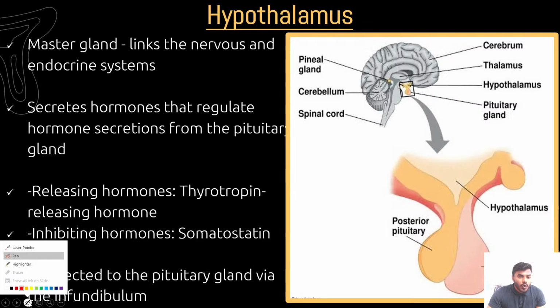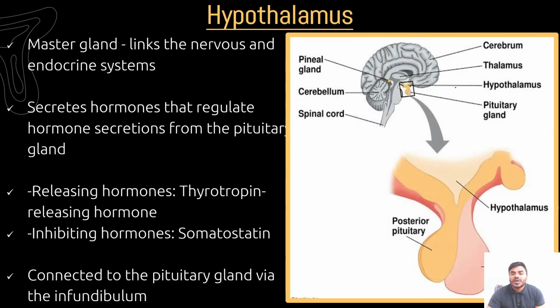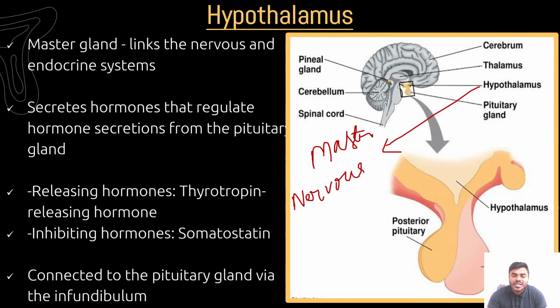Now the hypothalamus. What can you say about the hypothalamus? It is the master, a kind of master gland. What is the ultimate function? The ultimate function of the hypothalamus, friends, is linking. What is it linking?